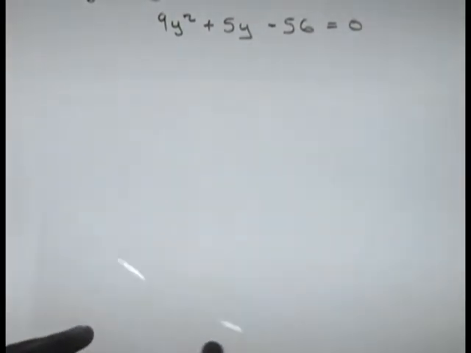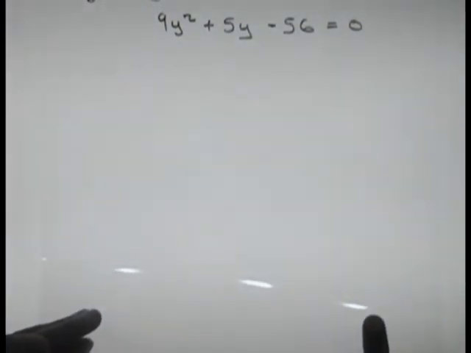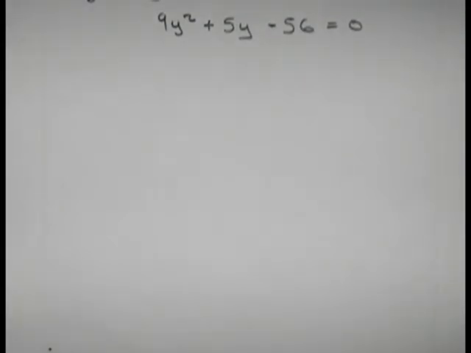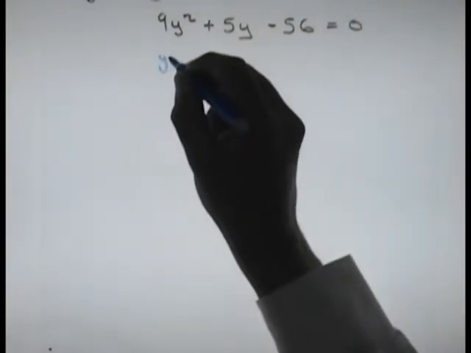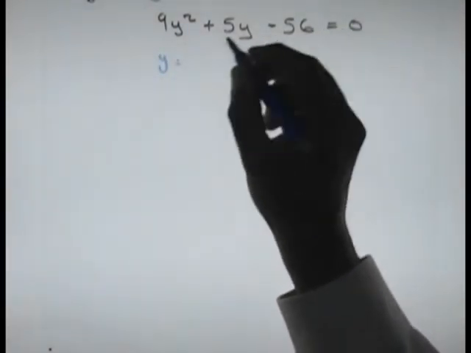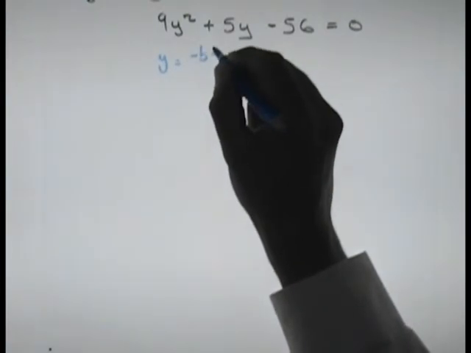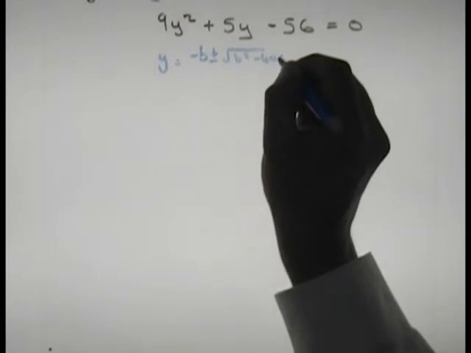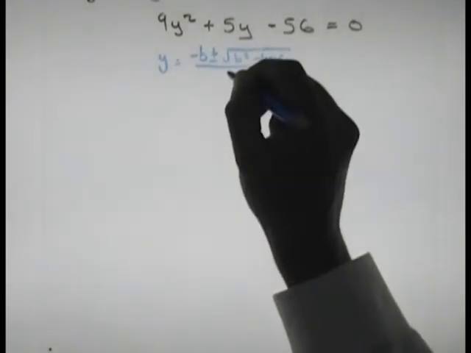Remember that the quadratic formula reads x is equal to minus b plus minus the square root of b squared minus 4ac over 2a. Except we don't have x, in this case we've got y. Is it any different? No. y is equal to minus b plus minus square root of b squared minus 4ac over 2a.